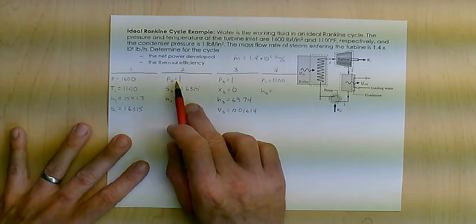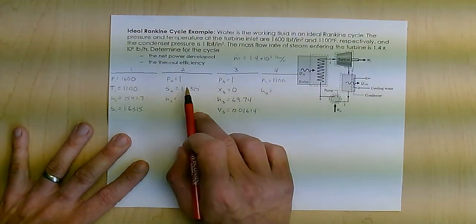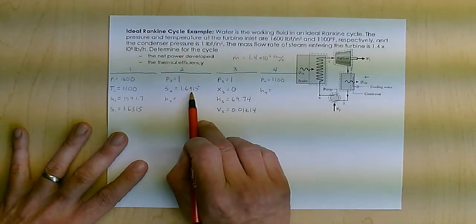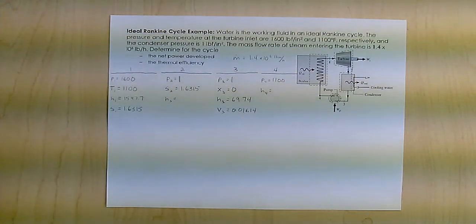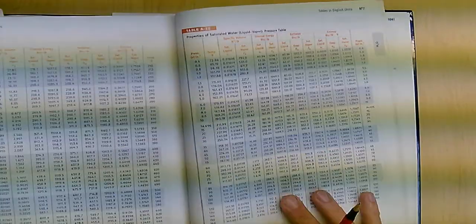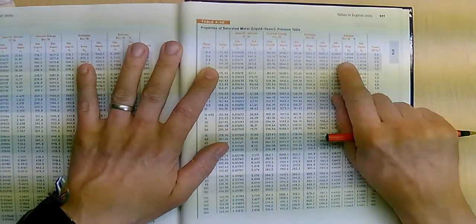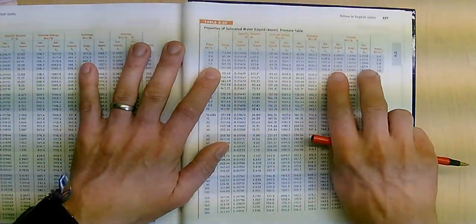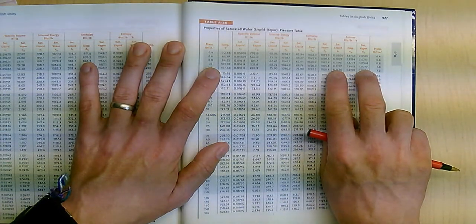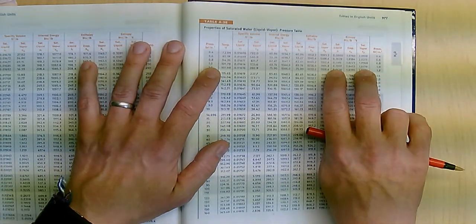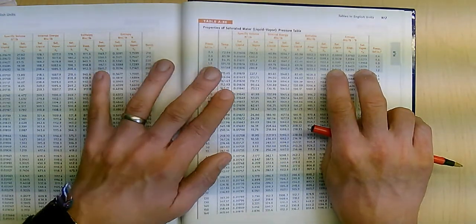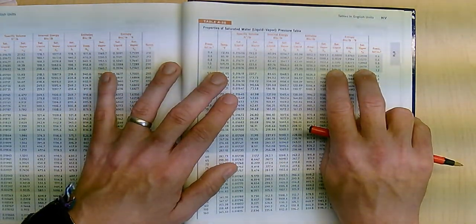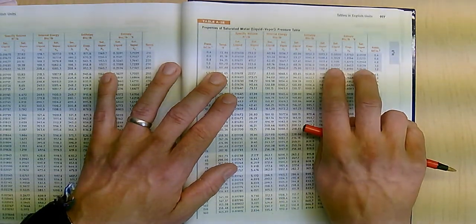Now I can do state 2, which is 1 psi and 1.6315. I can look up my H value from these. So I'm going to go back into my table. At 1 psi, you can see that my entropy for saturation is between 0.13 and 1.97. The fact that I'm at 1.63 means that I'm somewhere in between these two.